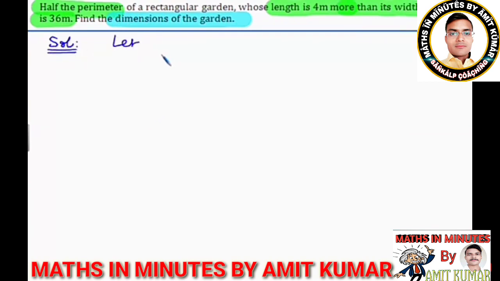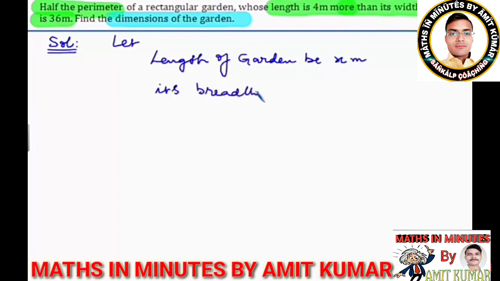Let the length of garden be x meter and the width of the garden be y meter.